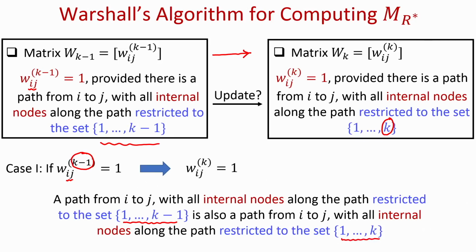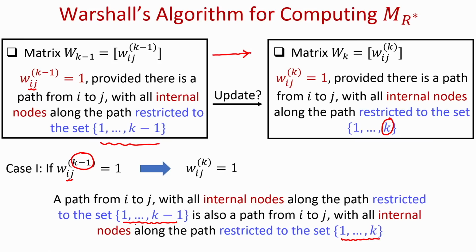And this is because as per the definition of matrix Wk, valid paths are not supposed to have all the nodes in the set 1 to k. The definition says that the path will be valid if all the intermediate nodes are within the subset 1 to k. It need not have all the nodes in the set 1 to k, right. So, it is fine if I do not include node k in a path from i to j.